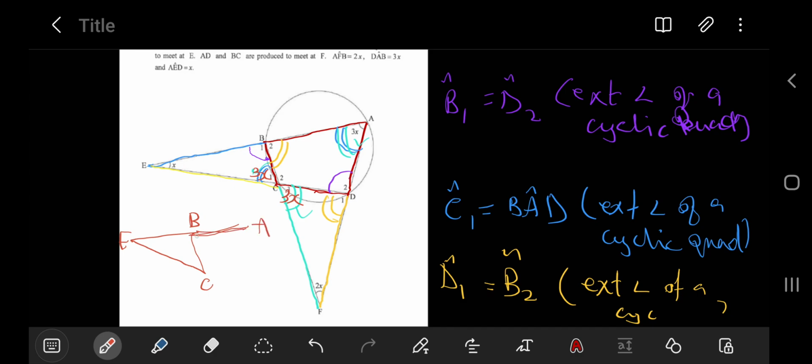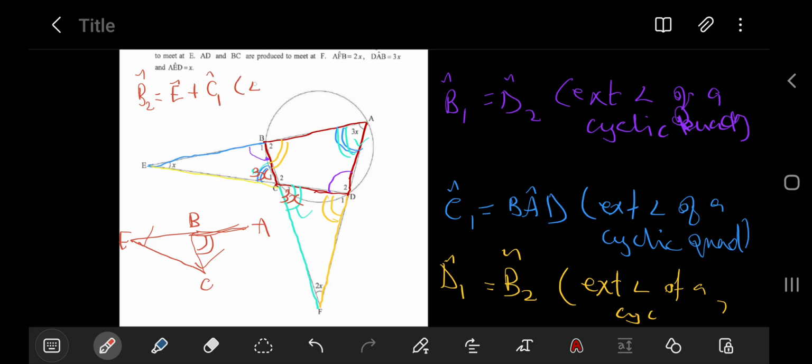So if it is produced, then we expect that angle to be an exterior angle, and that should be equal to E plus C, right? So we can see that B2 is equal to angle E plus C1.